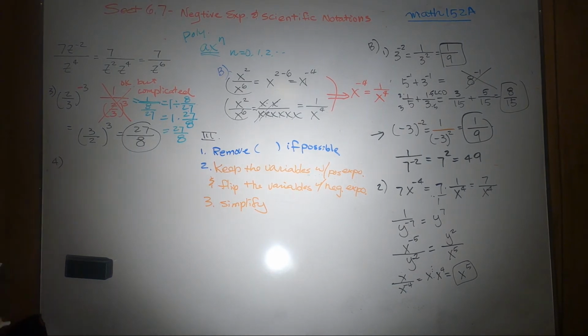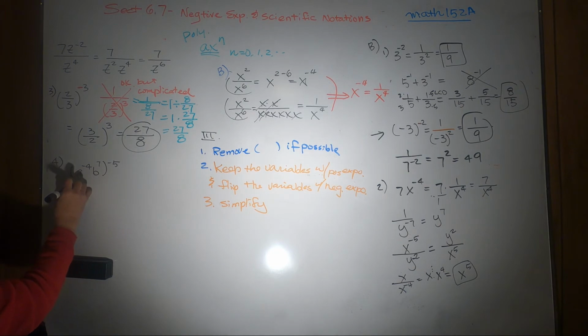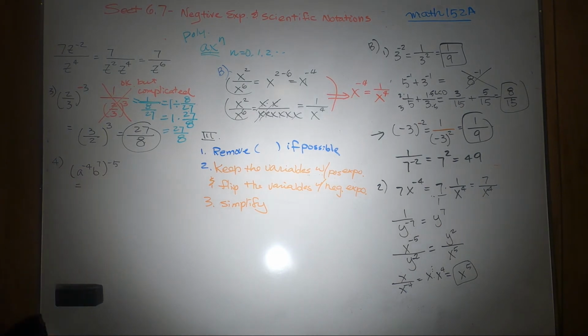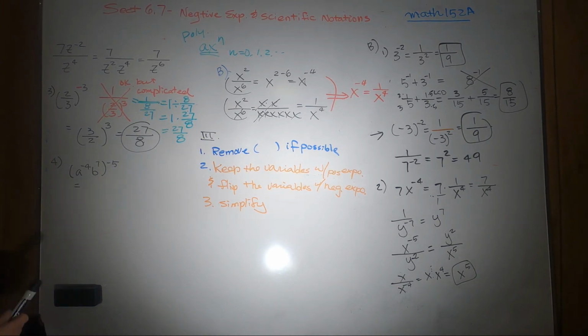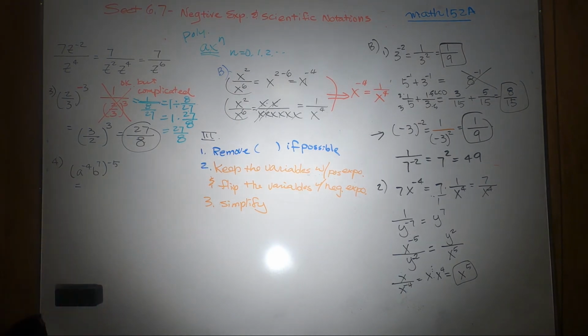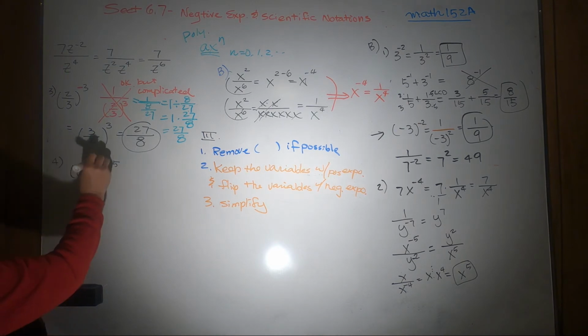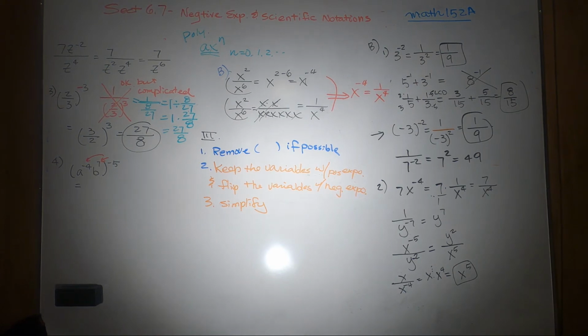All right, let's see. If we have this, a to the -4, b to the 7, all to the -5. So what do we do? Individual variables, but too many powers on each one. So what do we do? We just remove the parentheses if we can. As we said, you have two bases with a power, and you can distribute the power to each individual thing inside, right?